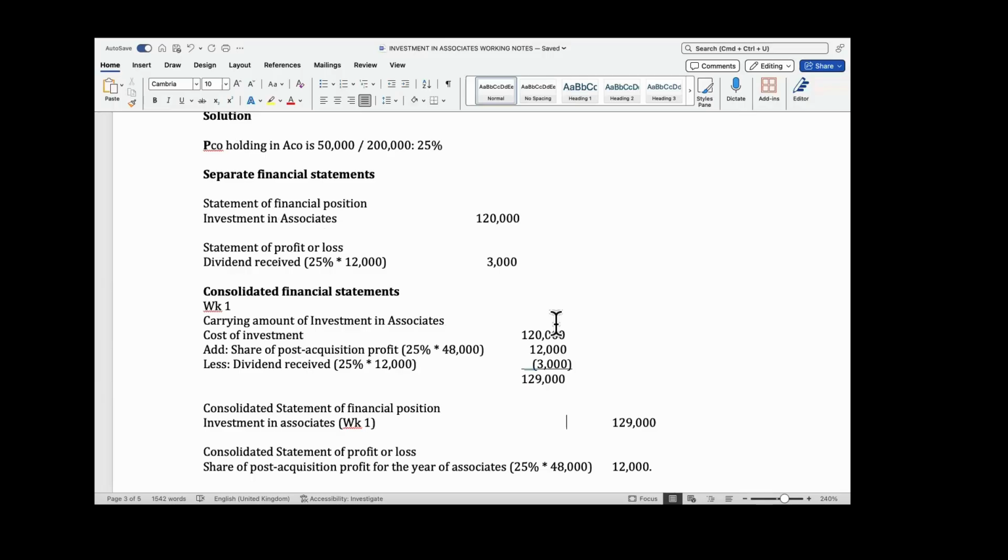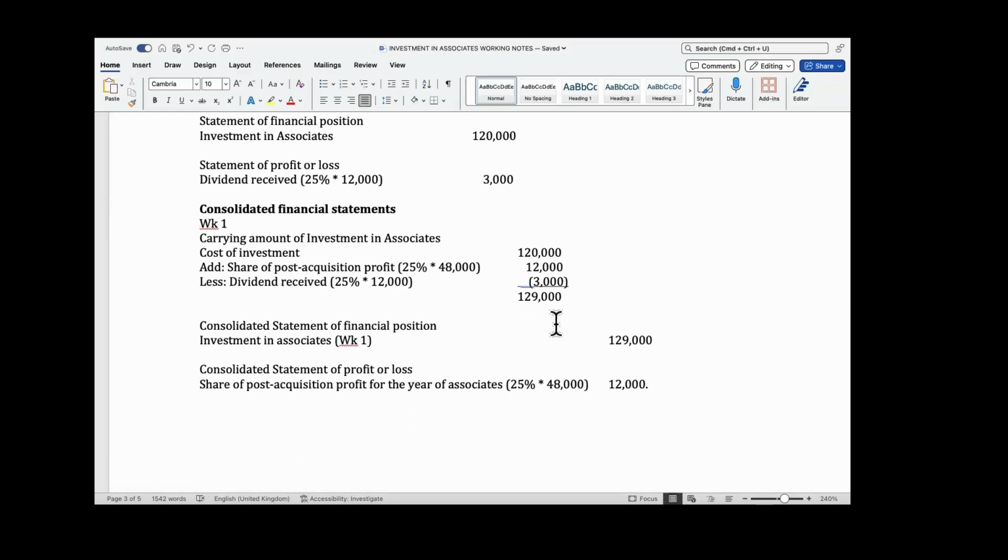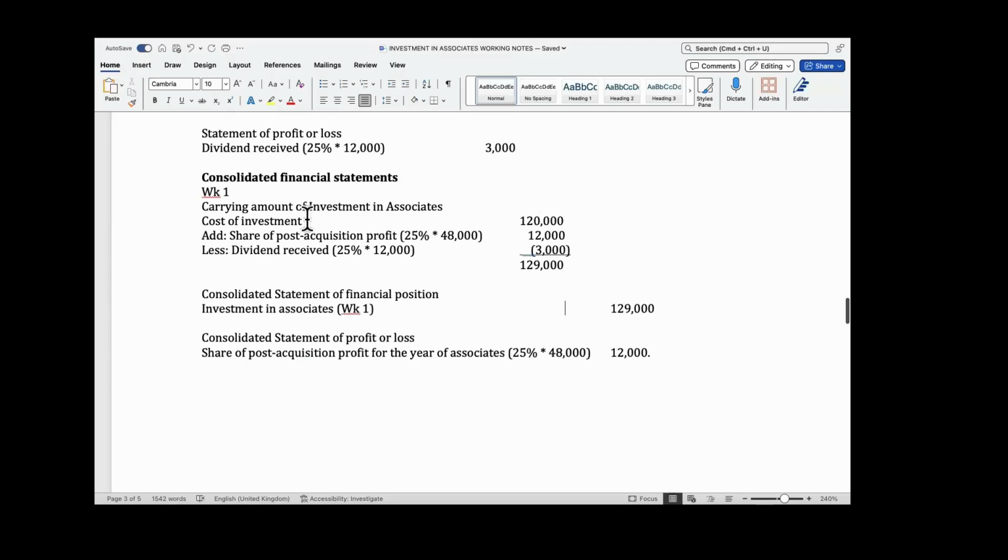So you see the way this one outlines everything I've taught you so far. In a separate account, it just recognizes his investment at cost. That is all it does. It will be there forever like that. And in P&L, any dividend he receives, he puts it in a separate financial statement. But in the consolidated account, that is where he applies the equity method. Where there is cost, you will add his share of post-acquisition profits every year.